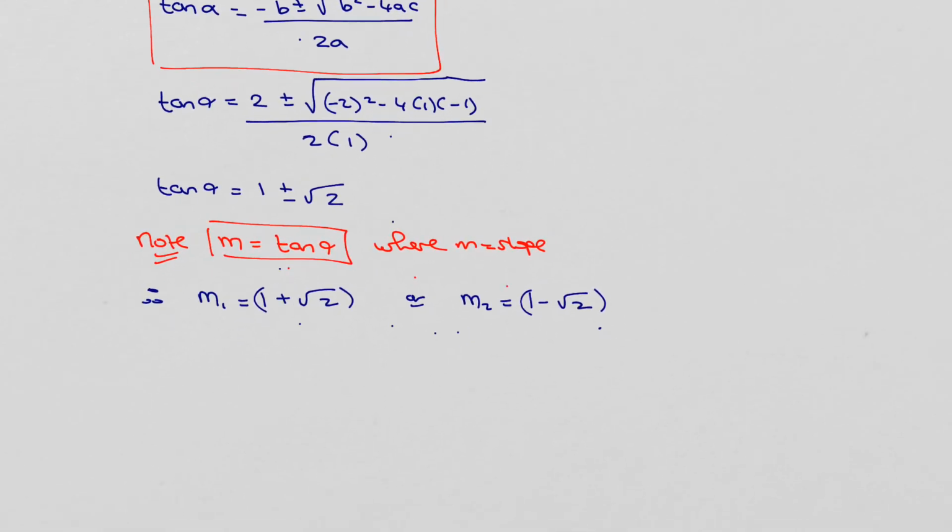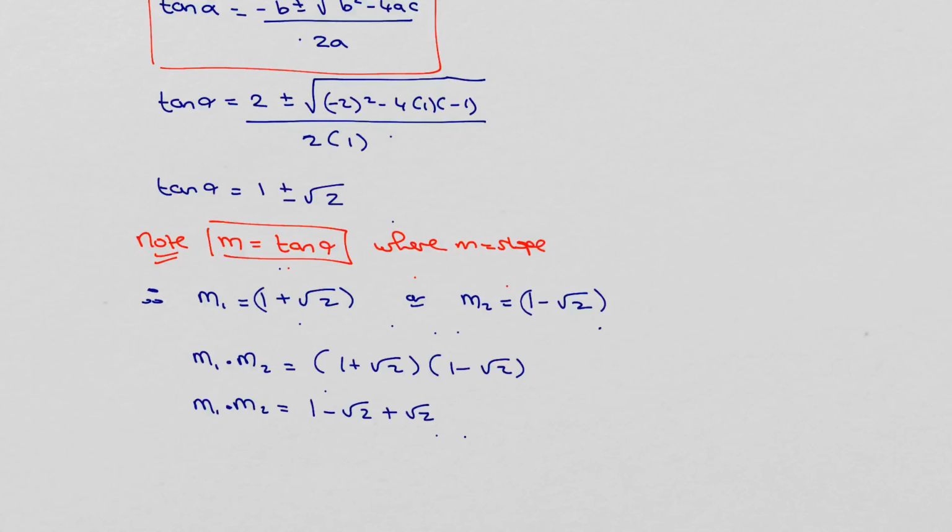And therefore, if I check m1 times m2, well, that gives me 1 plus root 2 times 1 minus root 2. And therefore, m1 times m2 gives us 1 times 1, 1 times minus root 2, 1 times root 2, and root 2 by minus root 2 is minus 2.